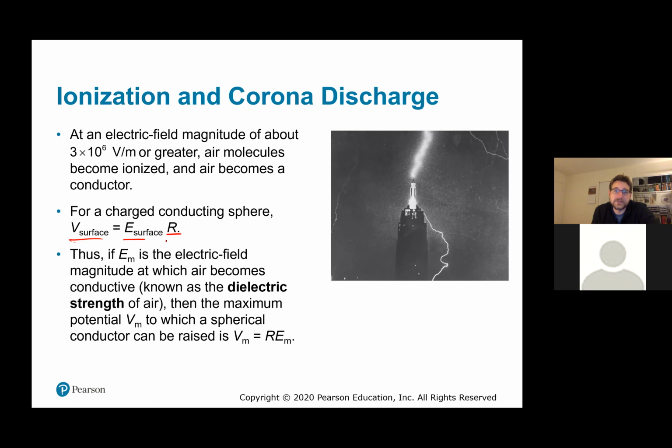And if the electric field at the surface is large enough, the air can ionize and allow the conduction of charge.